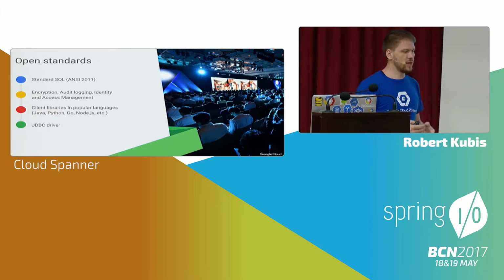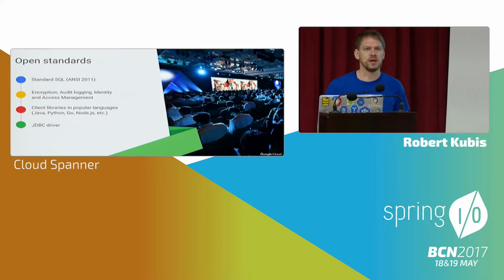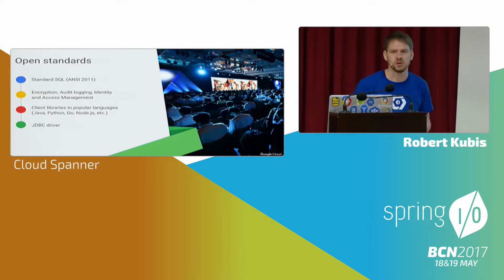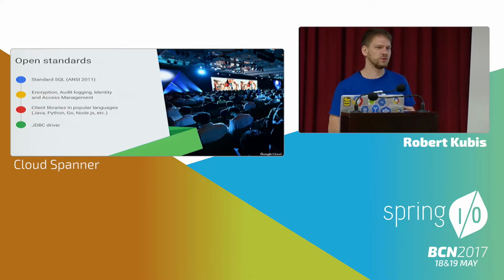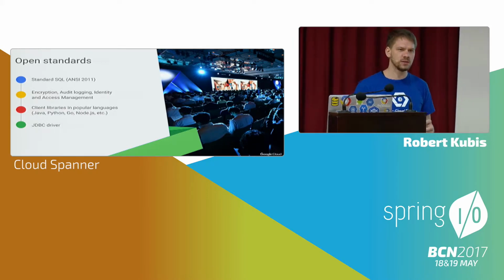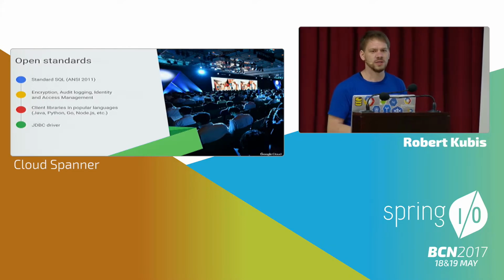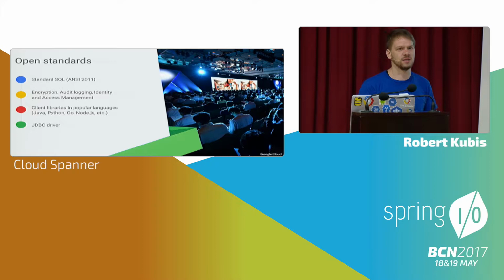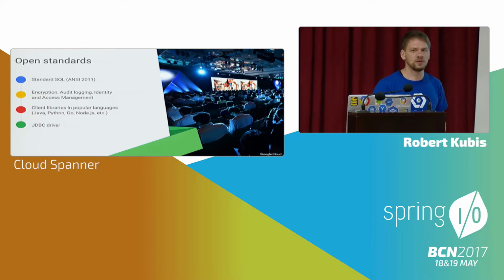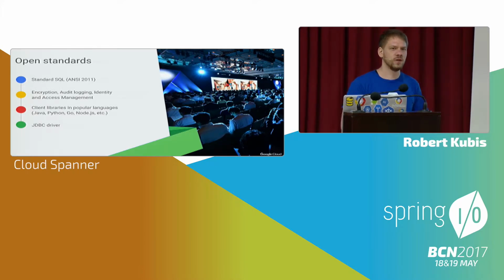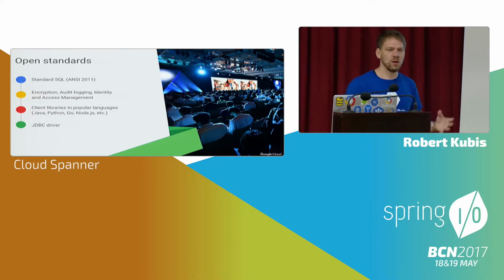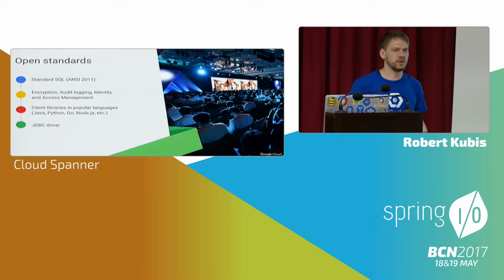With making that available for cloud, we also had to add a couple of features which are working differently inside of Google. So we wanted to integrate it, of course, with all the goodies that we have already existing in cloud platform, things like encryption by default, things like IAM, so identity and access management integration, integration with logging, having a lot of client libraries available so that you can get started.